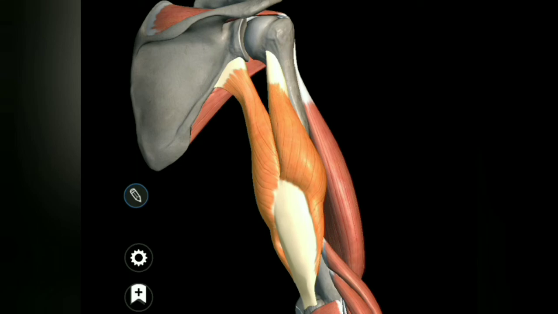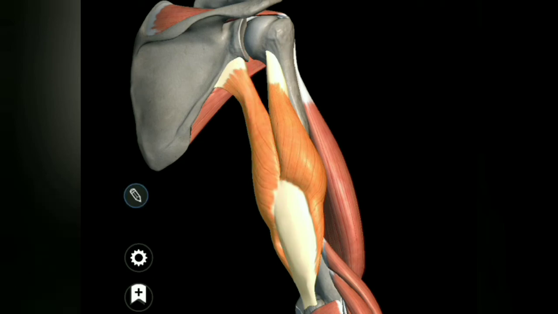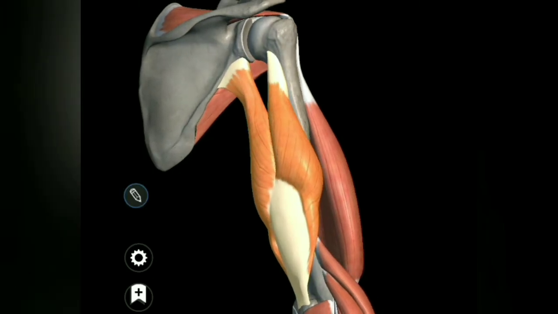From the supraglenoid tubercle, the long head of biceps brachii originates, and from the infraglenoid tubercle, the long head of triceps brachii originates.